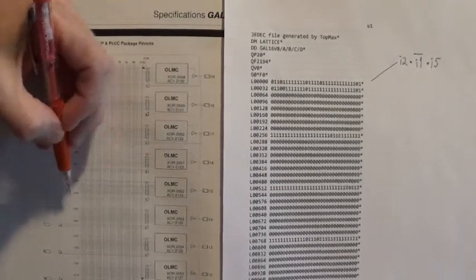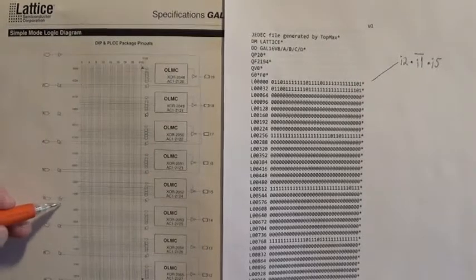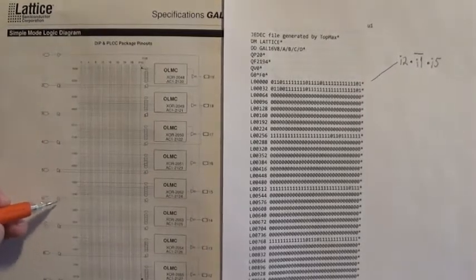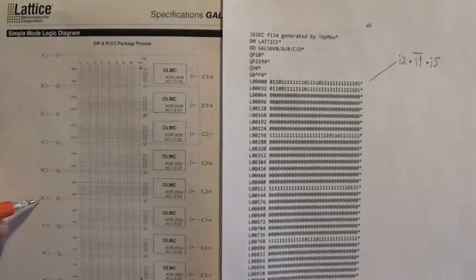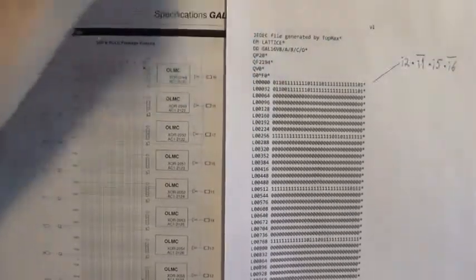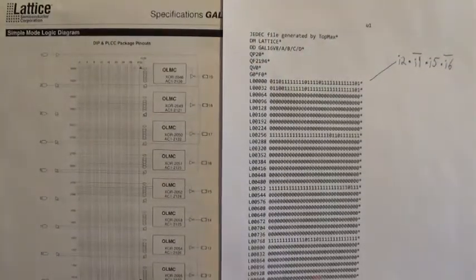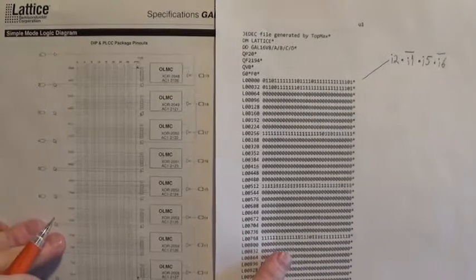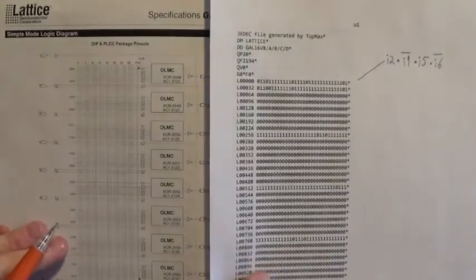Follow that dot over, and it goes to the inverting output of pin 6. So AND, put our dot there, in 6 bar. I'm about to run off the page.